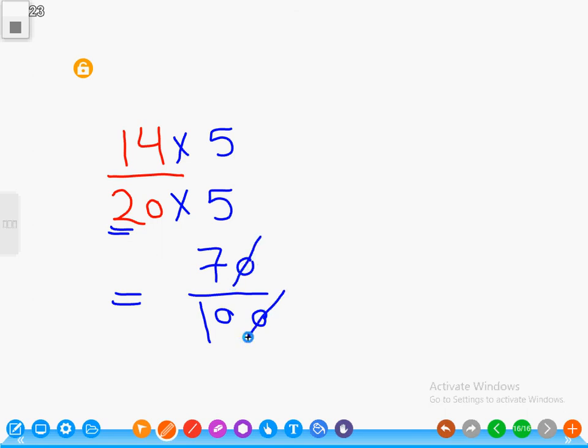Cancel the 0 with the 0, 7 over 10, and we can write it as a decimal number, 0.7.